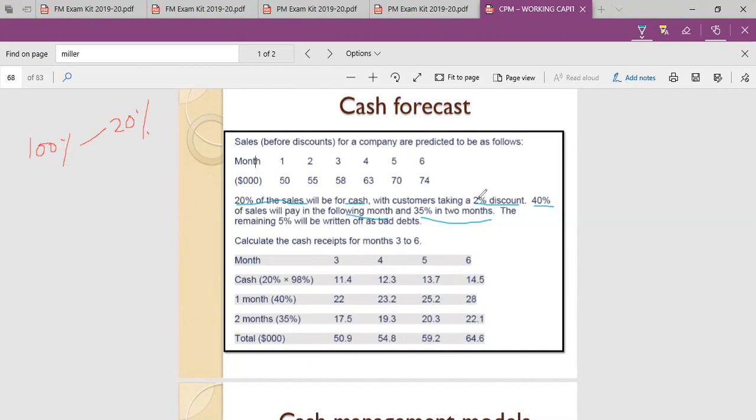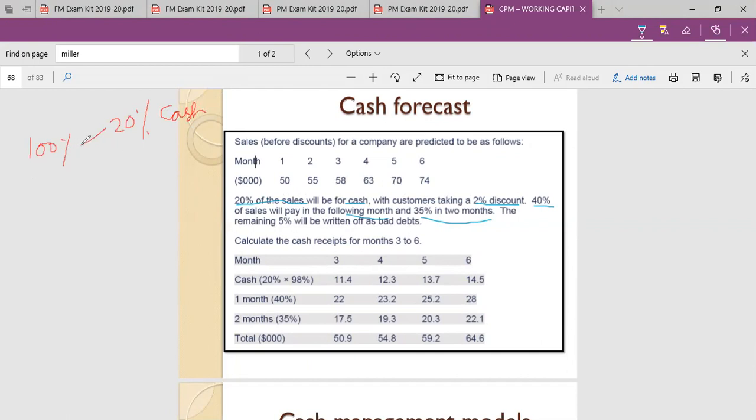The discount is 2%. So 20% of the sale amount will be collected immediately, but the value will be 2% less. So only 98% of the cash sale value will be collected from the customers, because they're paying immediately, so a discount is given to them. Then the rest of the 80%, since this 20% is cash sales.